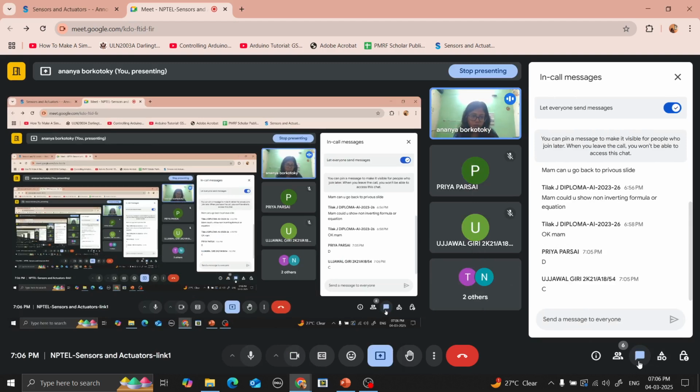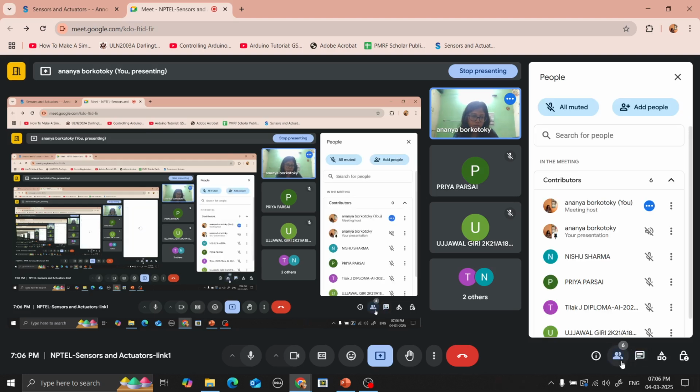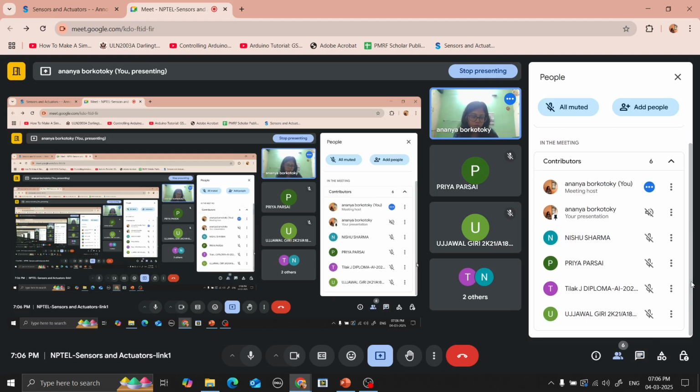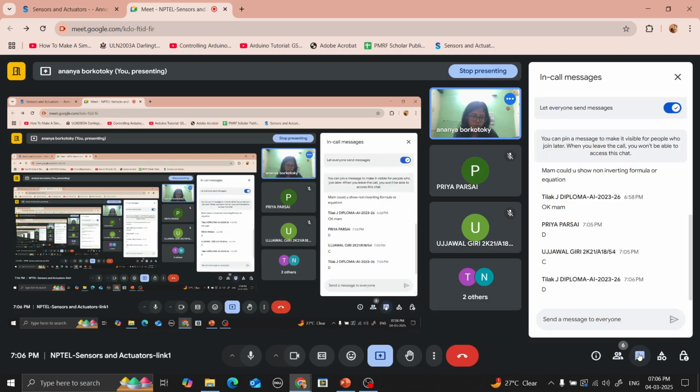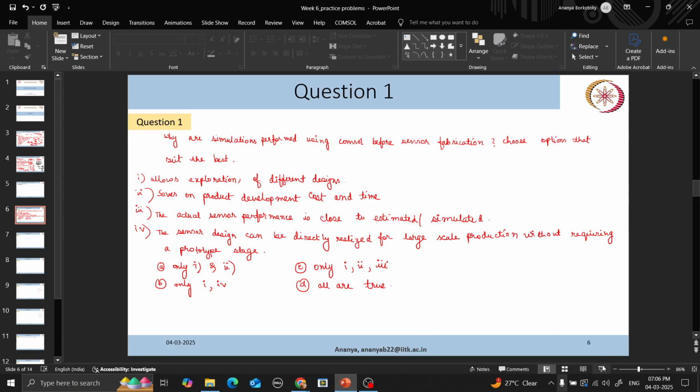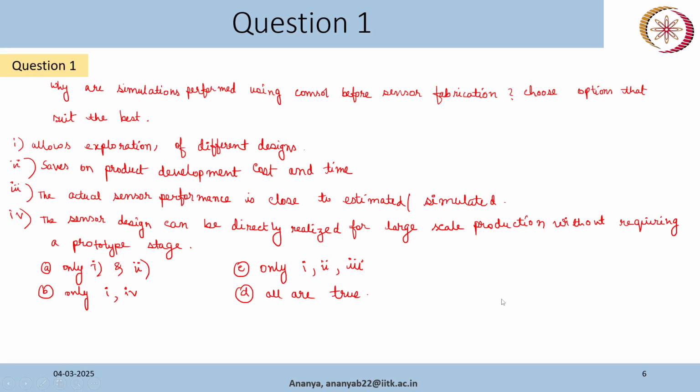Option D and option C. What about others? I can see that there are four people in the meet. Option D. Okay. So all of you are confused between C and D, right? So let's see one by one.